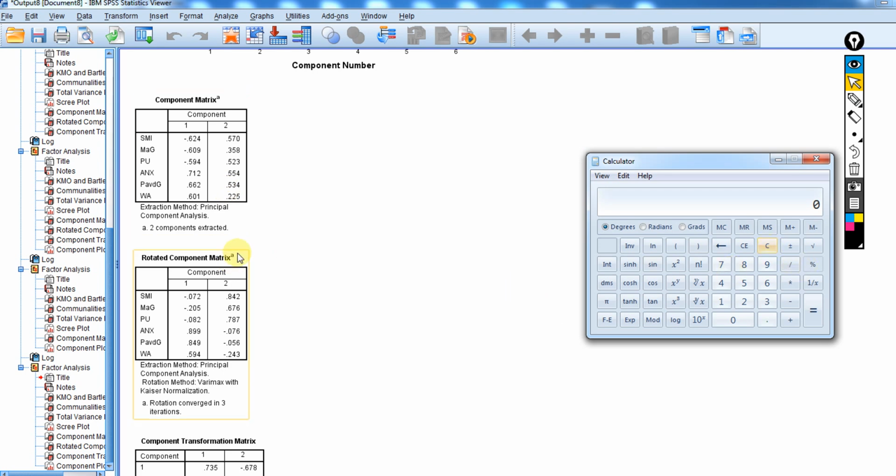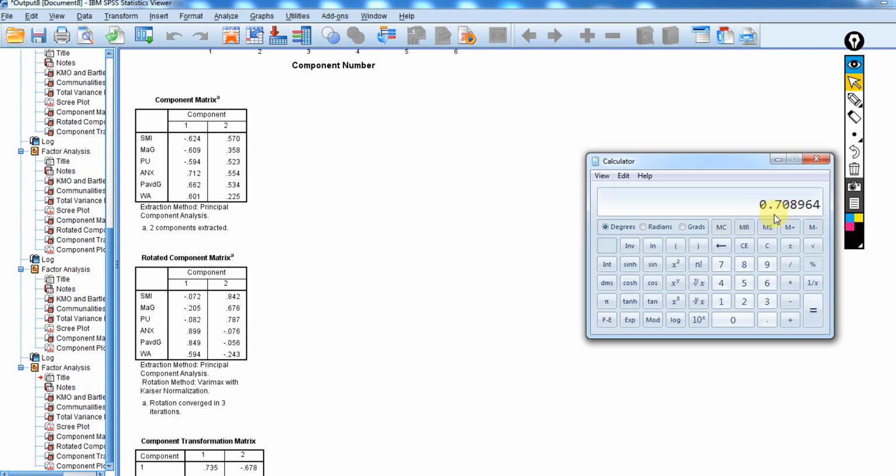So if I take, for instance, this loading of 0.842 on the rotated matrix and square it, then that component accounts for about 0.708, or roughly 71%, of the total variation in subject matter interest.